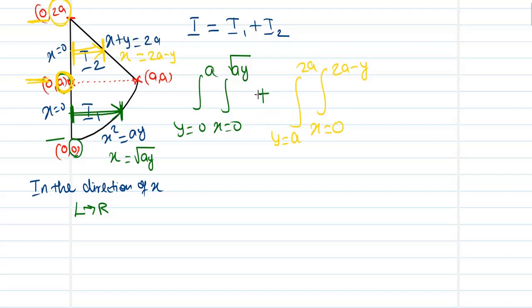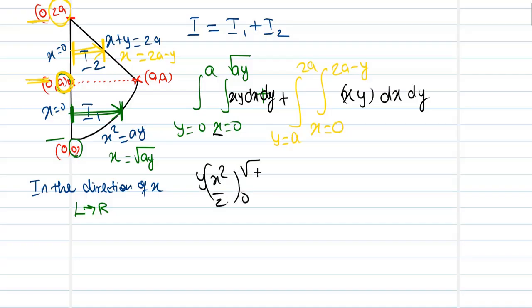The function to be evaluated is going to be xy. x comes first, so dx dy, followed by the same function xy, dx first and then dy. Now let us start integrating. With respect to x, y is a constant, x square by 2 between the limits 0 to root ay.